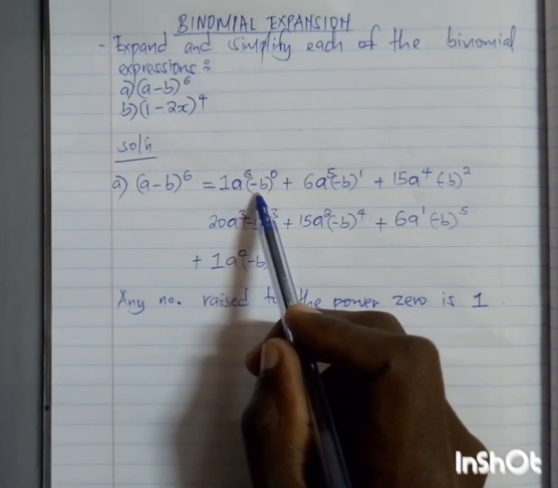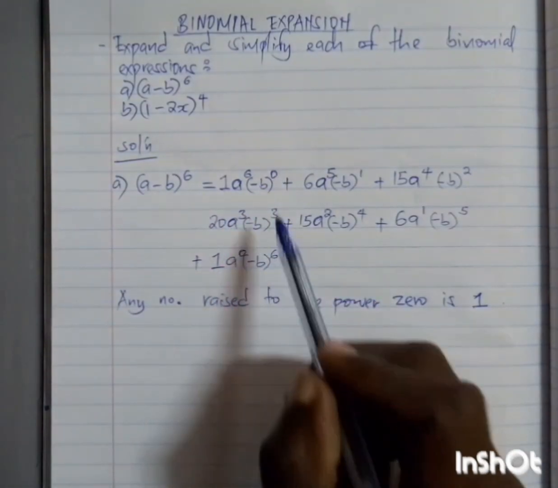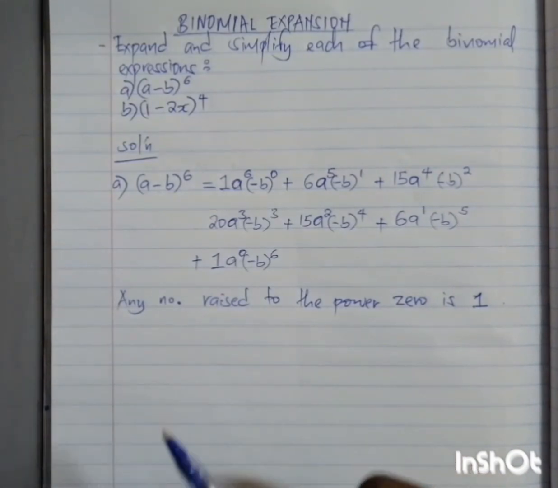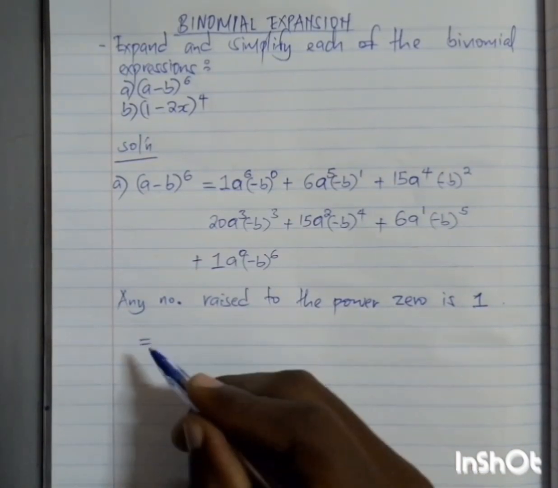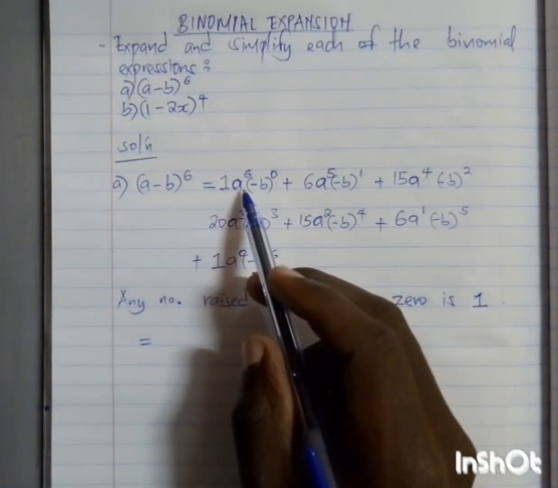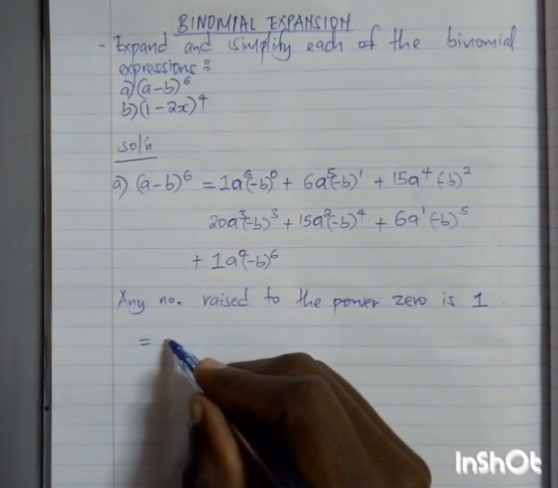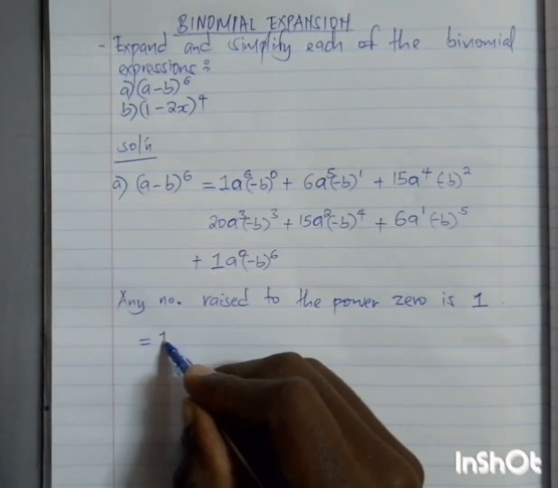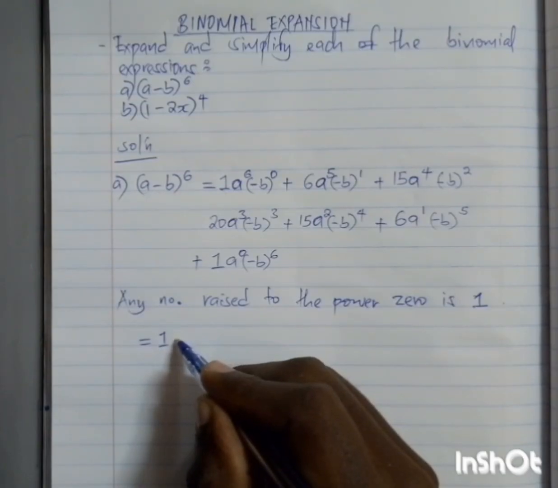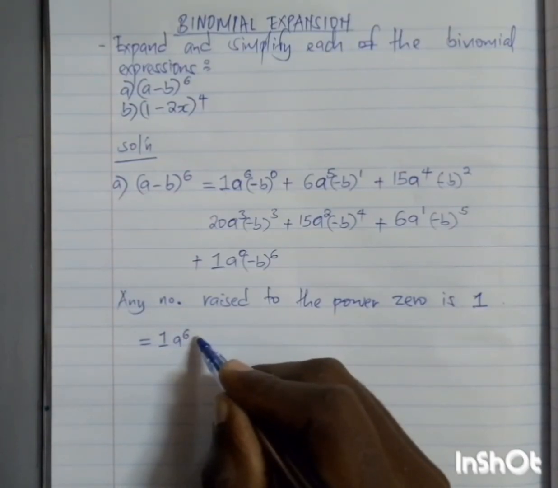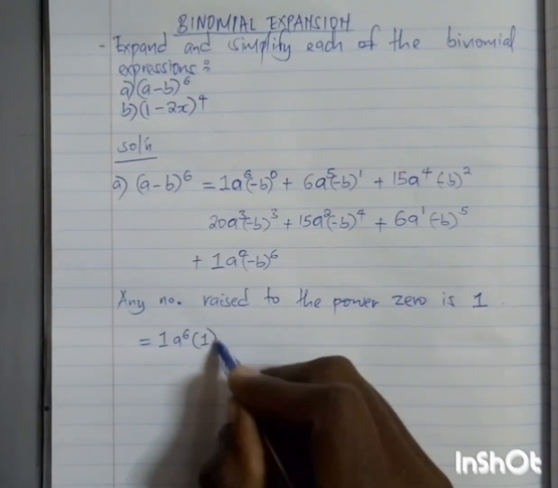You will realize that we have minus b to power 0. So minus b to power 0 is 1. So we'll have 1 multiplied by a to power 6 multiplied by 1.